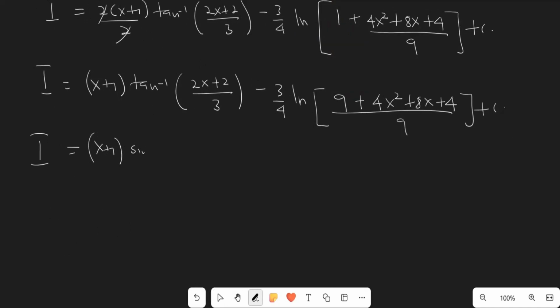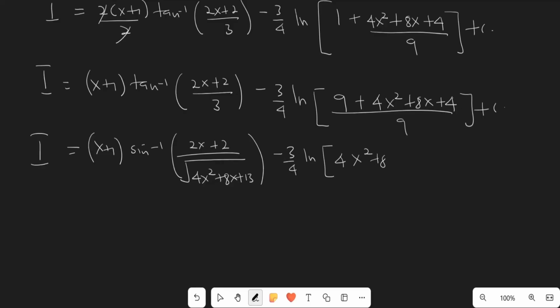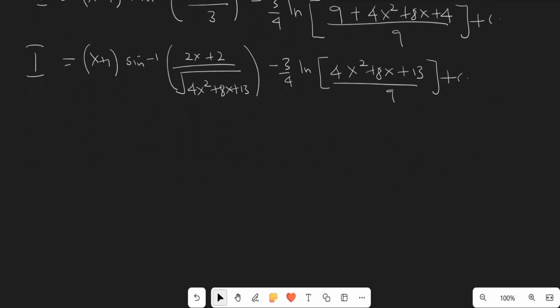Instead of tan inverse, I'm going to write sine inverse of (2x plus 2) all over the square root of 4x squared plus 8x plus 13, like this, minus, this is 3 over 4 ln of 9 plus 4, that's 13. So this is (4x squared plus 8x plus 13) all over 9 plus the constant of integration.